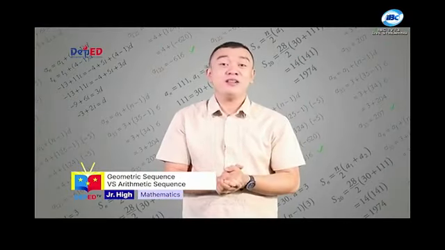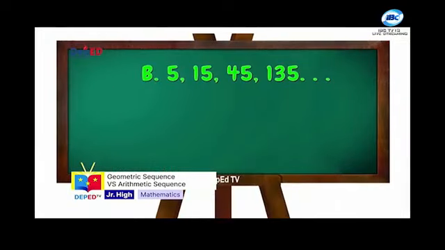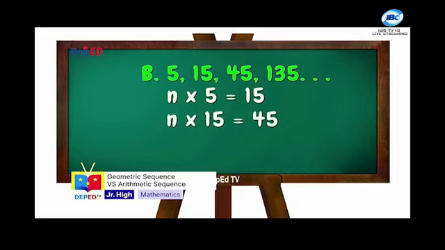Now, let's take a look at sequence B. Notice a number is multiplied to the first term 5 to get the second term 15.